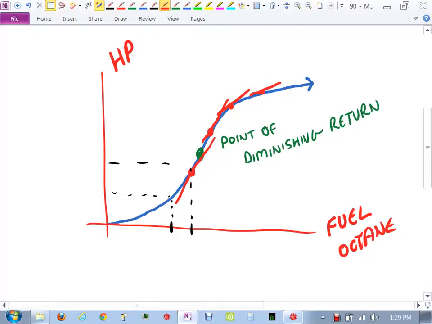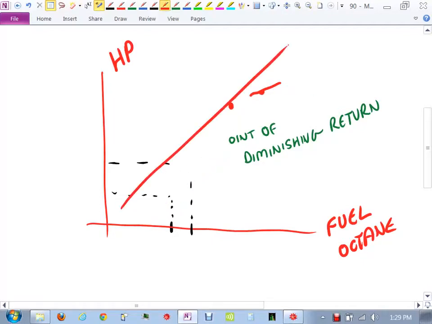Not everything necessarily would. I mean, some graphs might be linear, in which case the more you put in, the more you get out. There's no point of diminishing return. I don't know. I'm just saying every model is different in the real world.